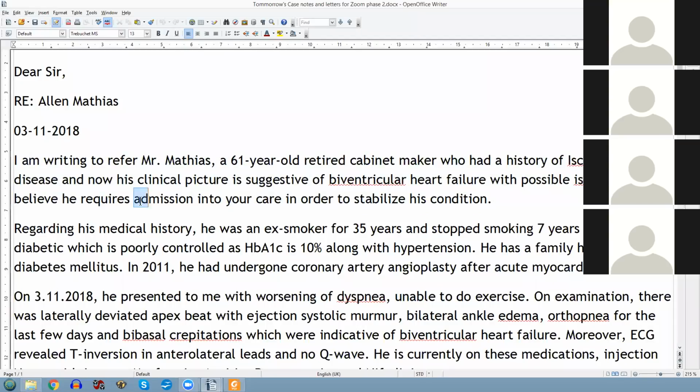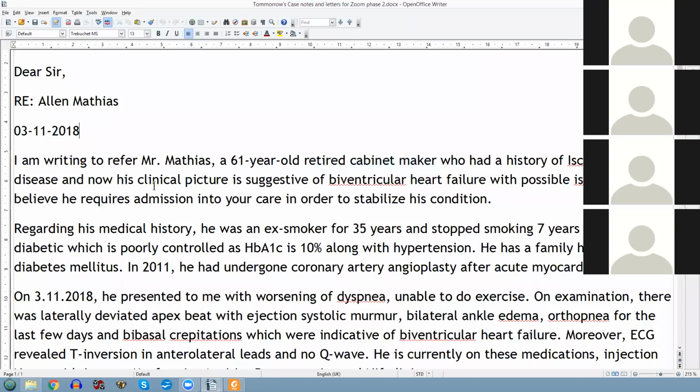"Admission", and I thought it was supposed to be urgent, isn't it? Isn't it urgent assessment? "Can you have a look at him if you've got time?" Urgent. So, Mr Matias, we don't really need that. If you've got the DOB, we don't need that. We certainly don't need to know that he's a cabinet maker.